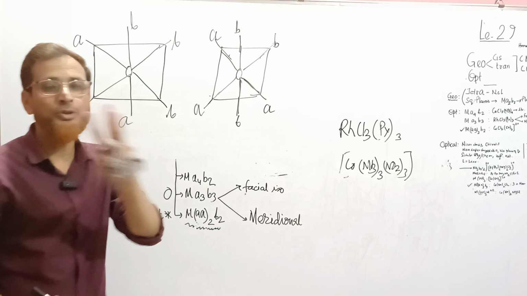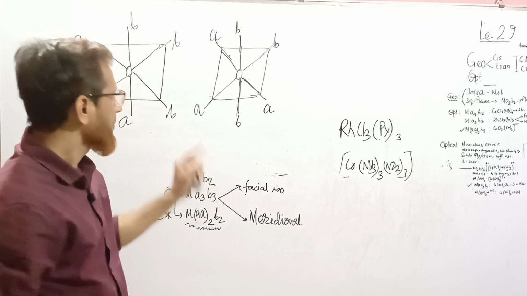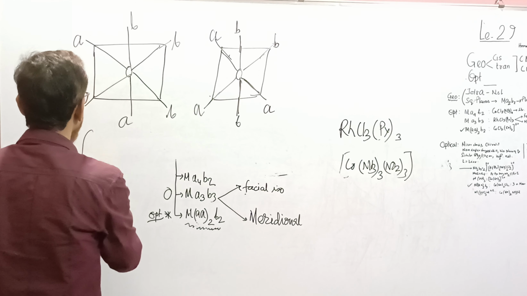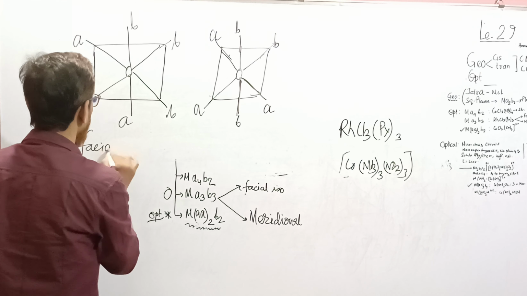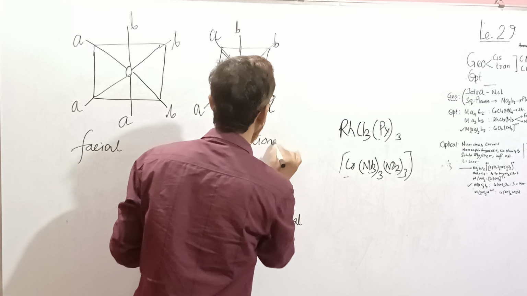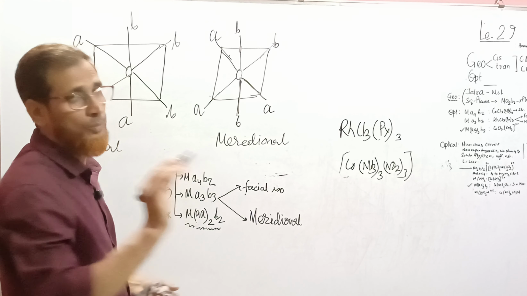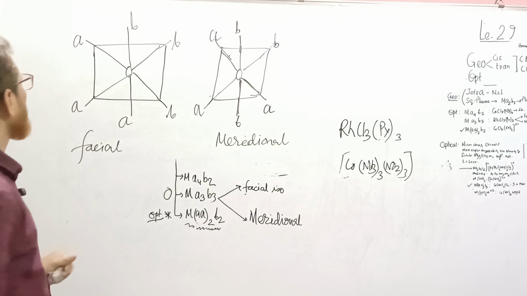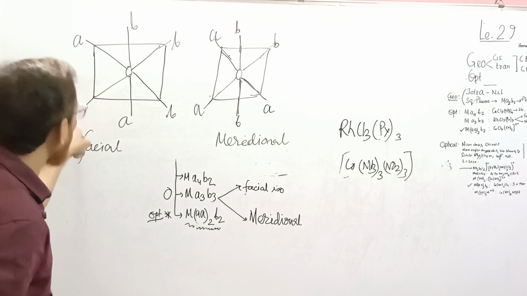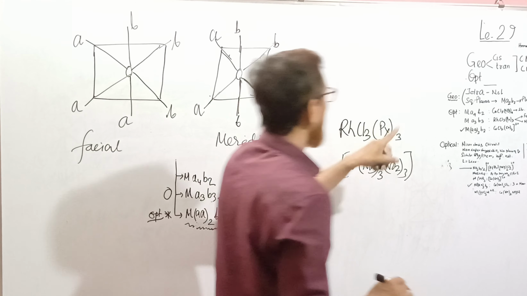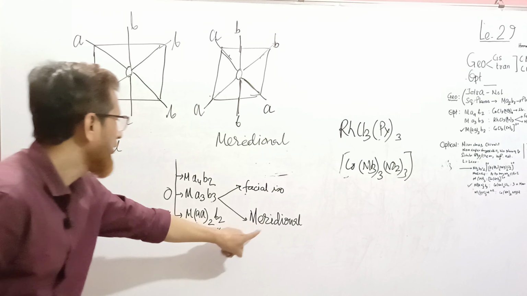You just see the style or way of writing. This is called facial and this is called meridional isomerism. How? I am showing you. You see the same 3 type and the same 3 type, A3B3. This gives you facial and meridional isomers.